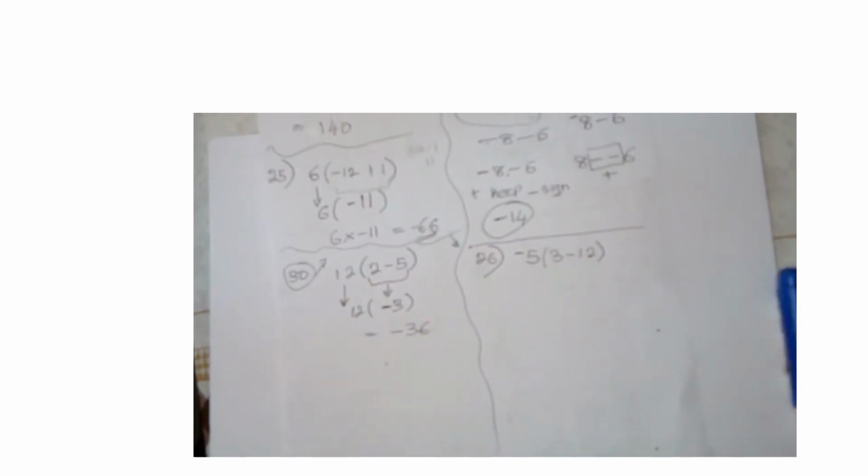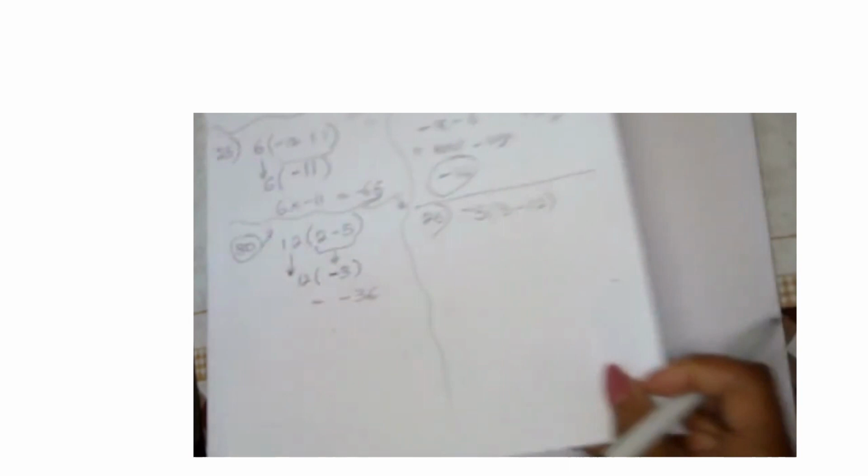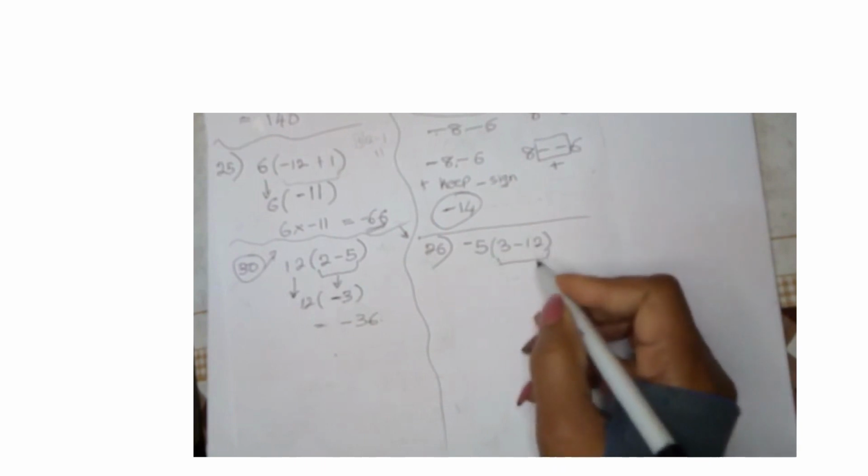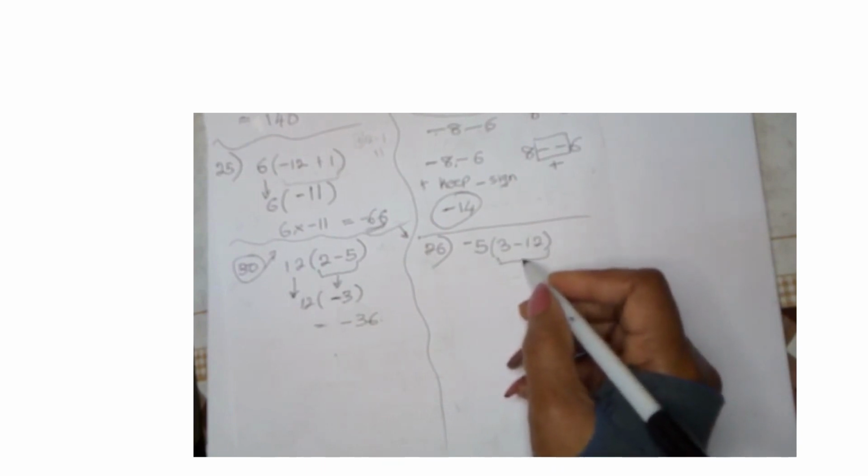You solve this bracket first, which is 3 minus 12. Remember, you subtract, but you keep the sign of the bigger number. 12 is the bigger number and the sign is negative.